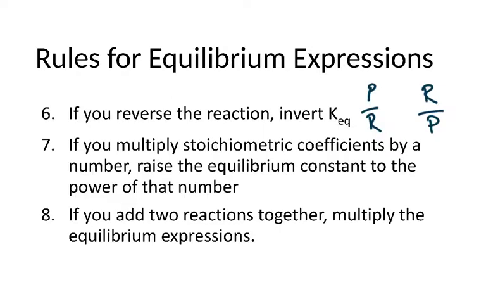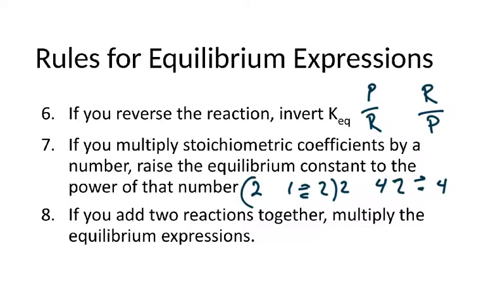If you multiply stoichiometric coefficients by a number, raise the equilibrium constant to the power of that number. So if you had one equilibrium with 2 and you multiplied all this by 2, that's going to make your new coefficients 4, 2, and 4.